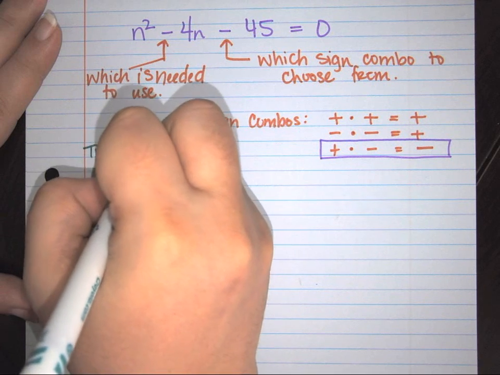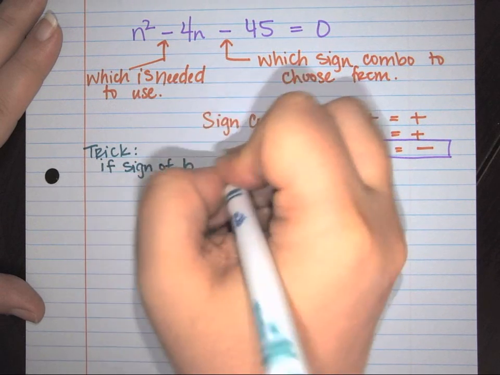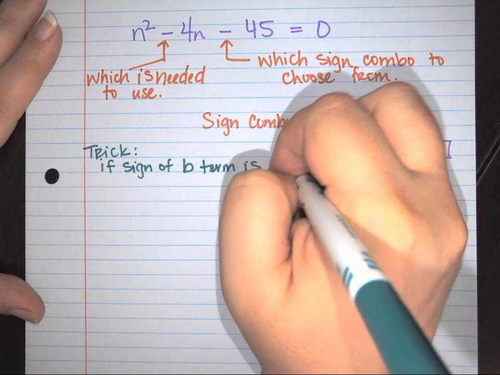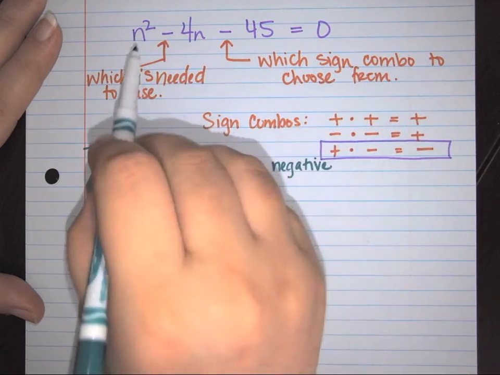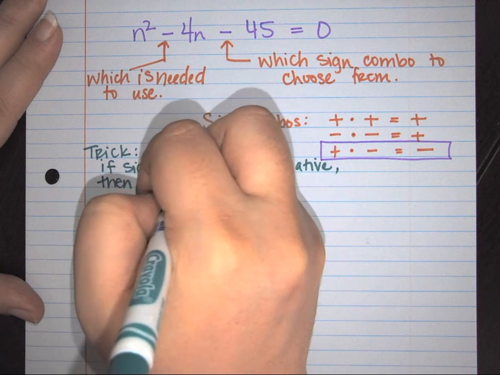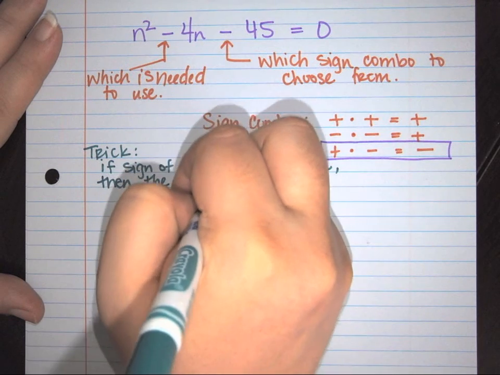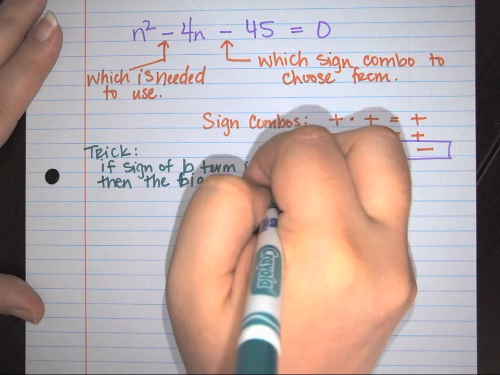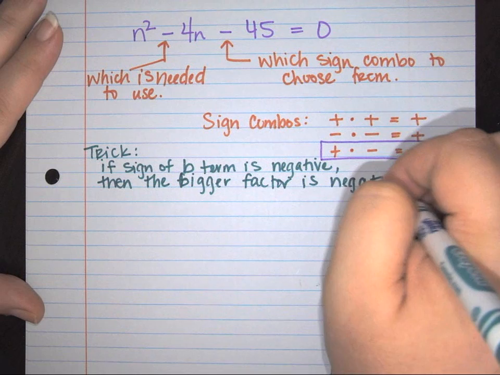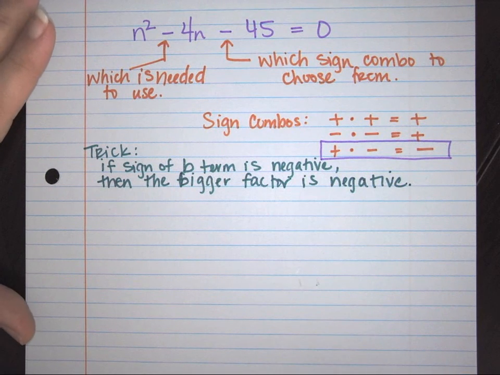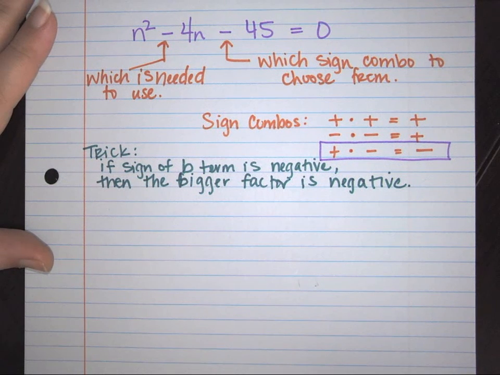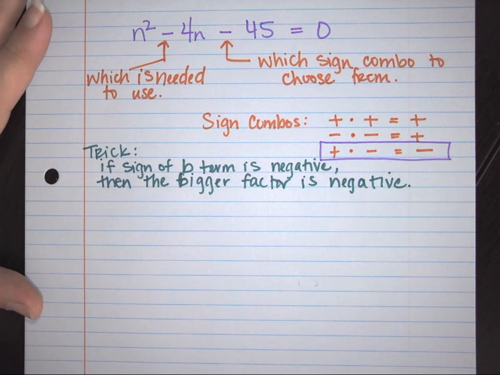If the sign of the B term is negative, like it is here, then it means the bigger factor is negative. Okay, so that is the trick to use, is that if the sign of your B term is negative, then the bigger factor is negative.